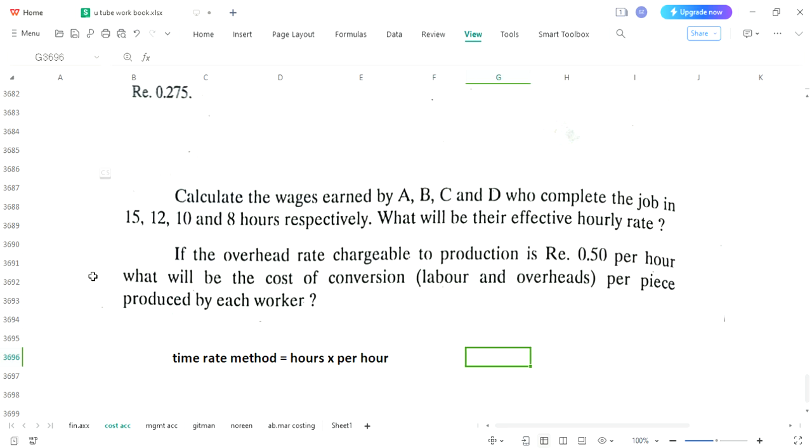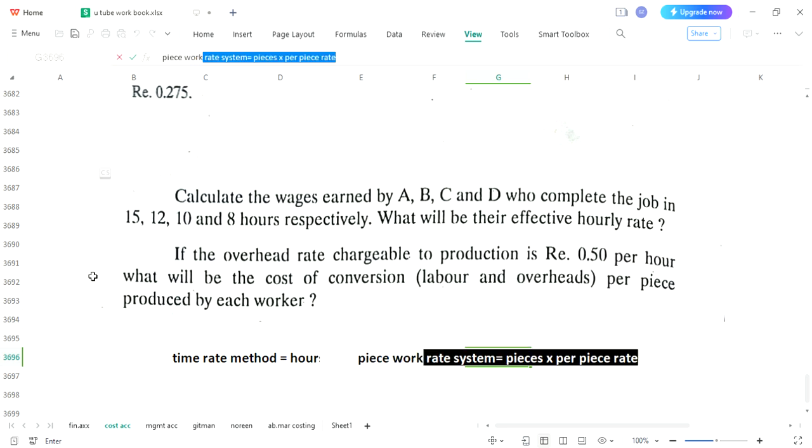The second option is, instead of focusing on time, we focus on the piece work rate system, under which the number of pieces is counted and we decide a rate per piece. This rate is multiplied with the pieces which the worker has made. In this way wages are calculated.